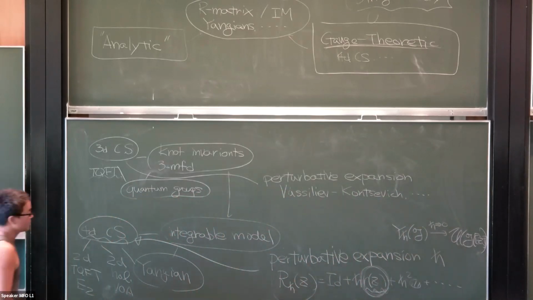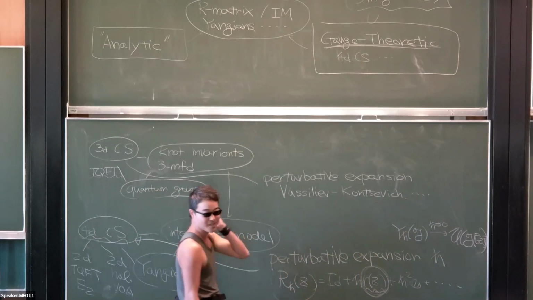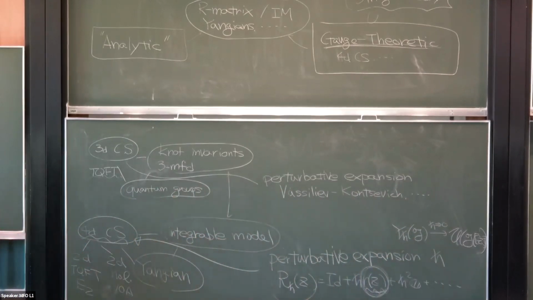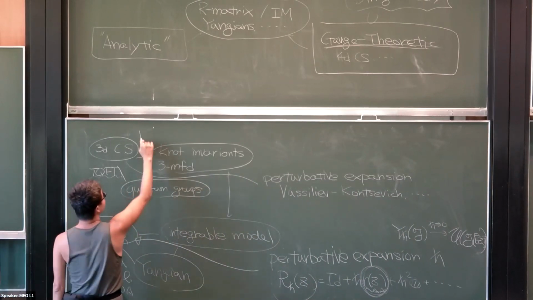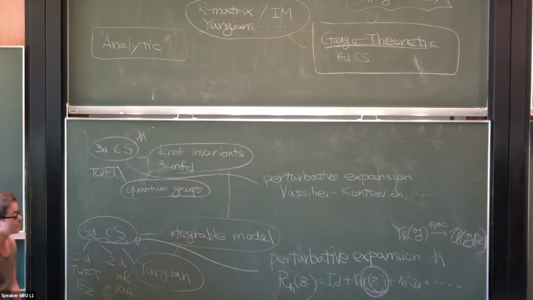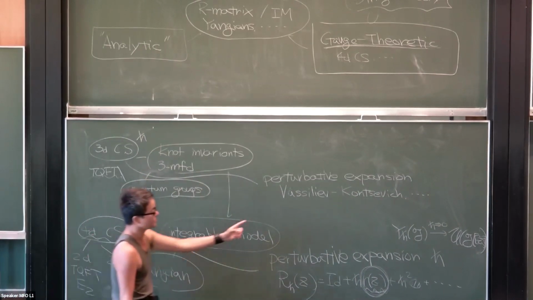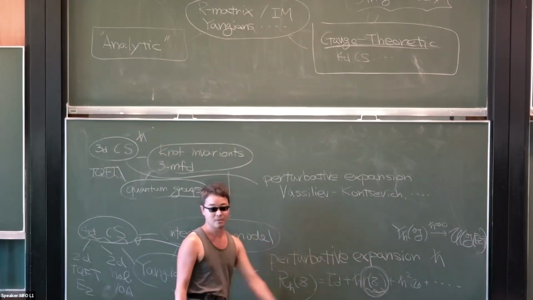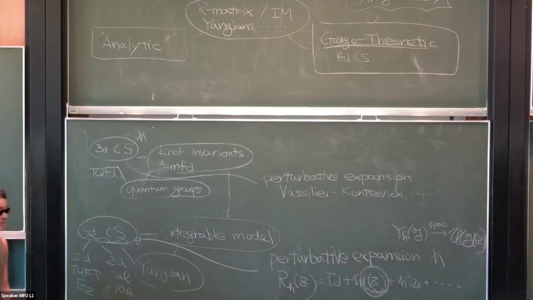So you can do perturbative Chern-Simons theory, and the discussion there is somewhat similar. There is still an H bar parameter, you do the expansion, and you get some combinatorial sum at order H bar.